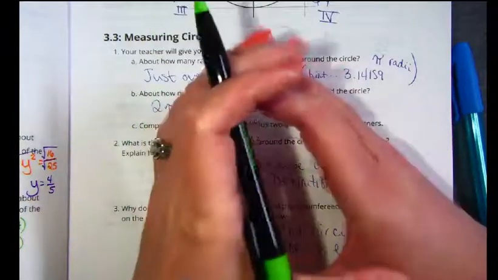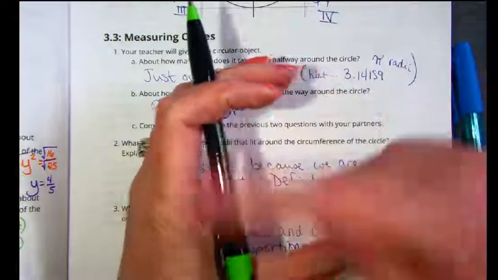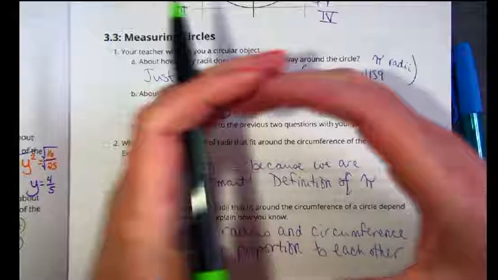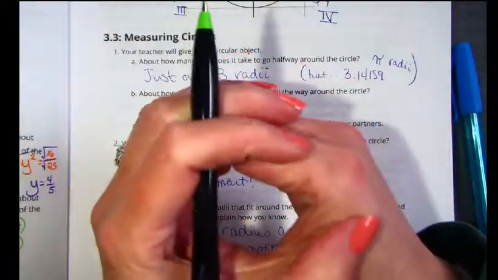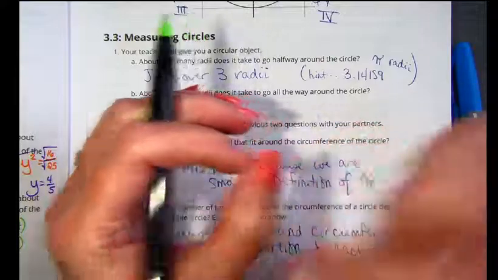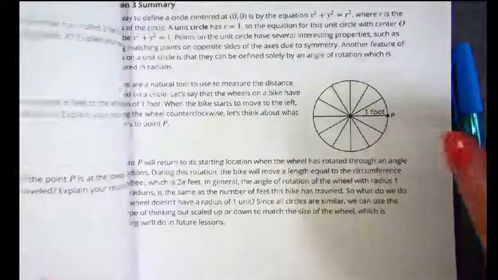As the radius gets bigger, the circumference gets longer. Bigger radius, larger circumference. Smaller radius, smaller circumference. Let's look around this bike wheel.